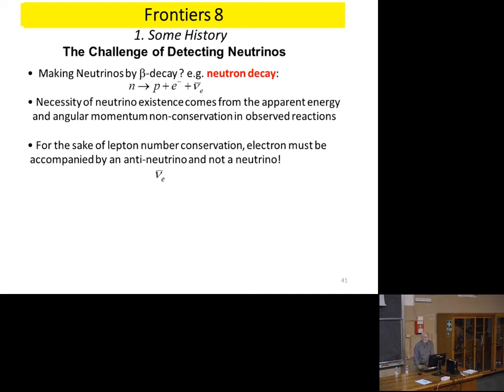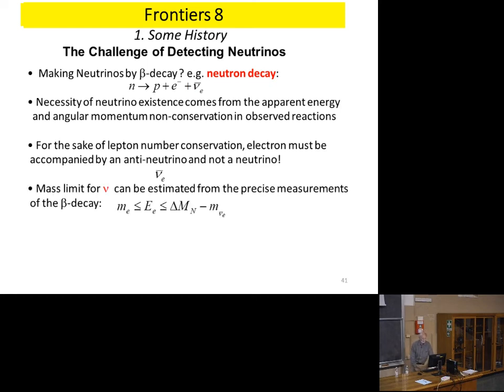So what we know is if we have this decay, we're going to have what we call now an electron anti-neutrino. So that's what we're going to look for. And the mass limit itself can be estimated from precision measurements of beta decay, and we just knew at this stage that they were light. And the best results for the decay itself, and I'm going to show you that that's the way we have the best experiments directly now to see the neutrino mass, where we only have a limit on what the lightest neutrino weighs, is to look at the decay of tritium itself.